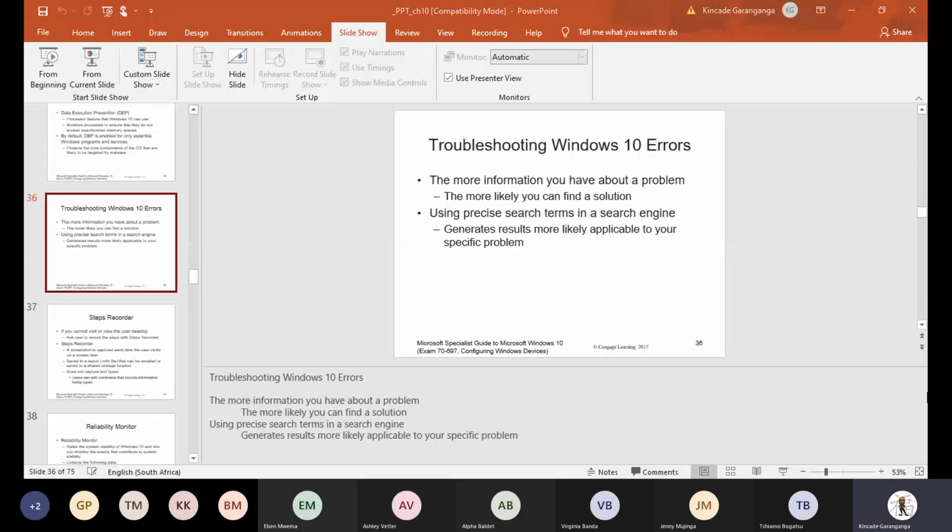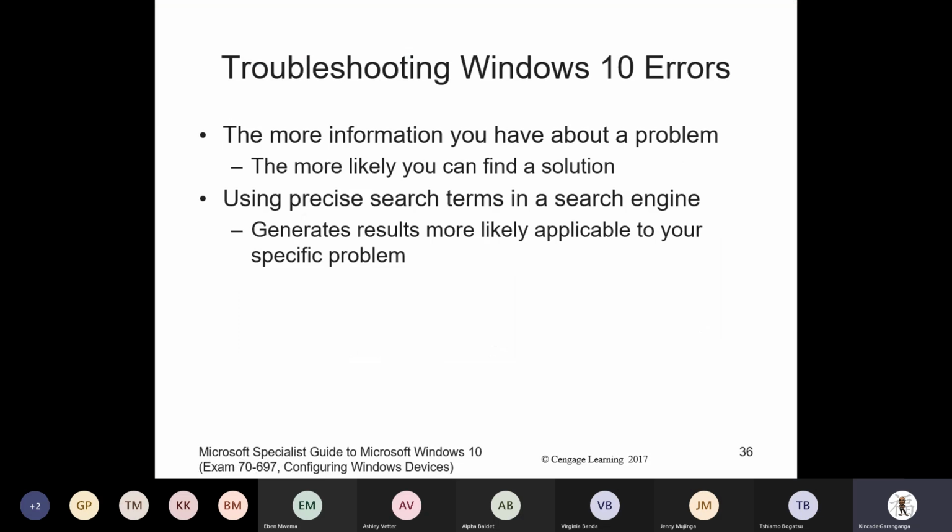All right, so this is what we were just trying to put across in terms of being able to appropriately troubleshoot your systems at large. Like we were mentioning earlier on, the more information you have about any particular discrepancy, the more likely you are to find a solution to that problem.